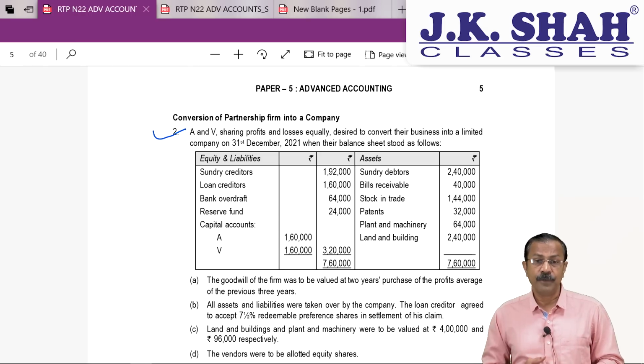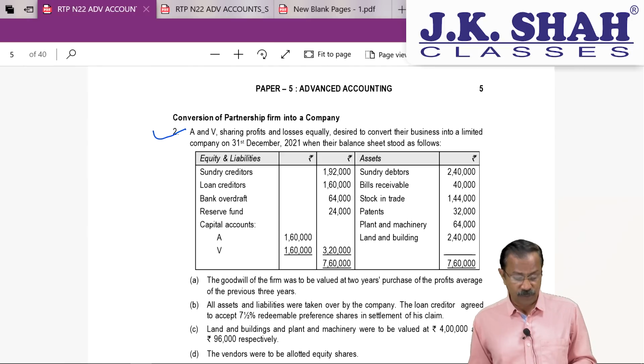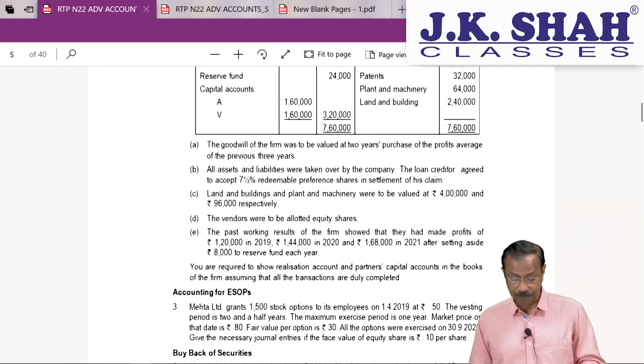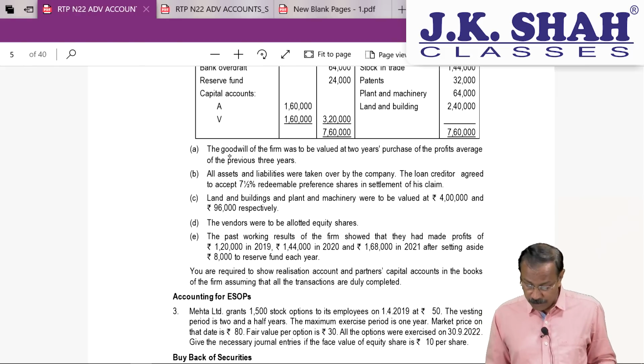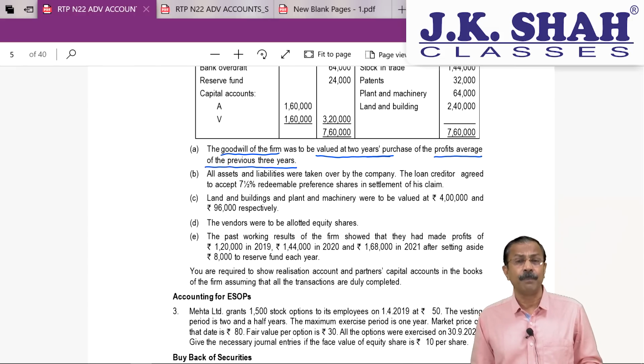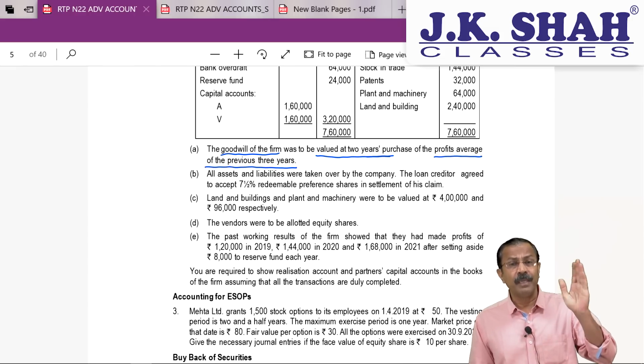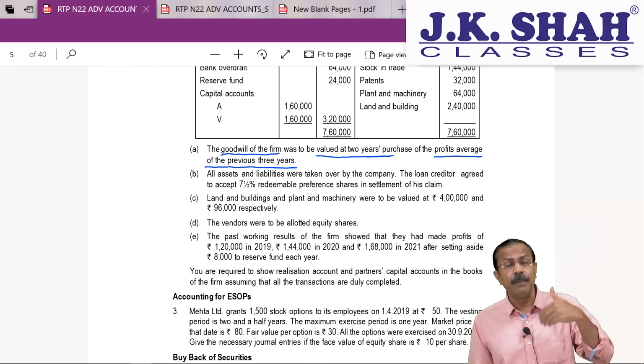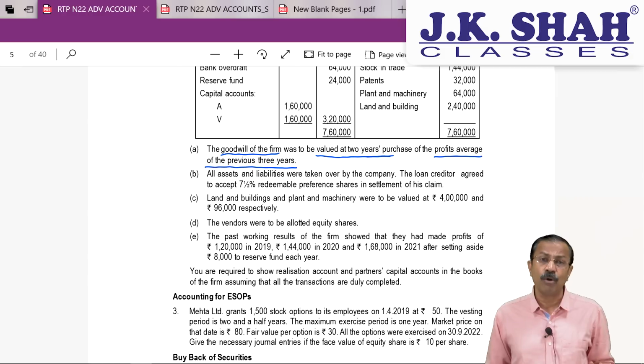On the asset side, you have sundry debtors, bills receivable, stock, patents, plant and machinery and land and building.